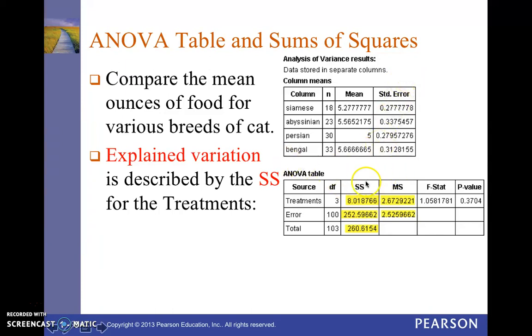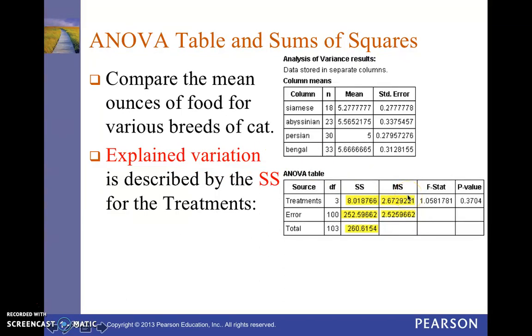What you see in this, well, it's not the first column, it's going to be the third column, SS. It's not some Nazi thing. It is the sum of squares. In this first area, treatments, this would be the amount of variance that would be explained by the differences.